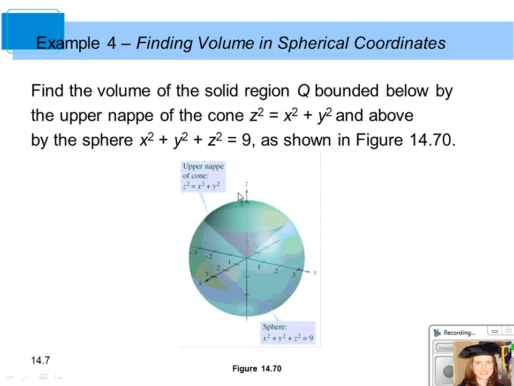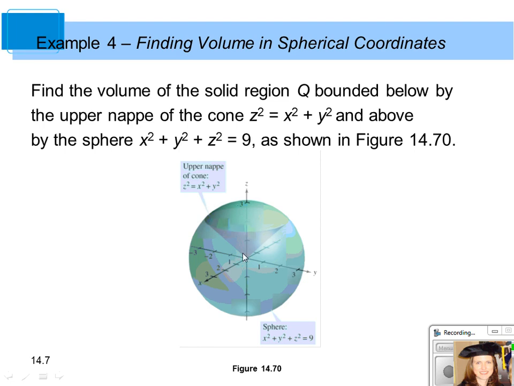And above the top of that region is the sphere x squared plus y squared plus z squared equals 9. We are going to determine bounds for rho, the distance from the origin out to the points, and those are going to be points on that sphere. We also want bounds for phi, where phi is the angle from the positive z-axis out to where this cone intersects the sphere.